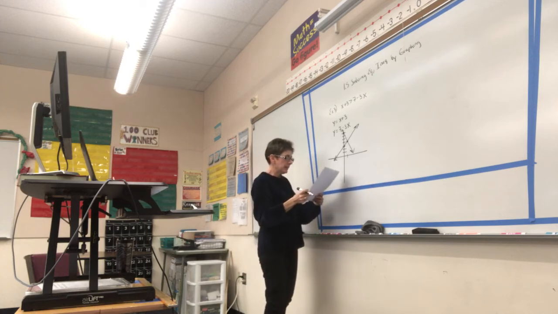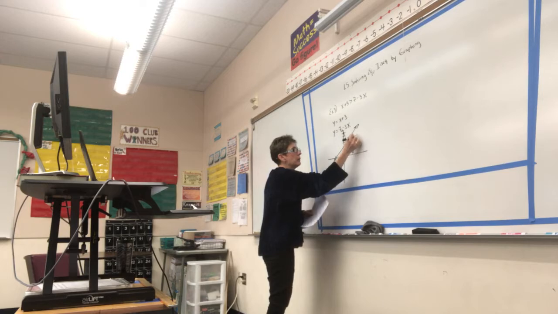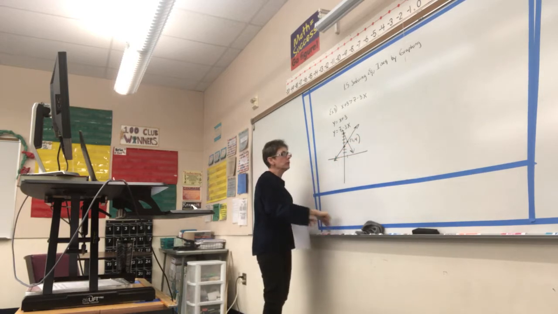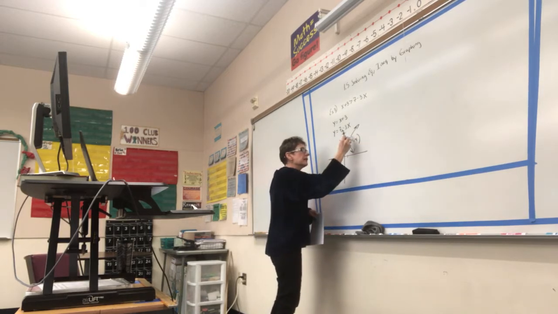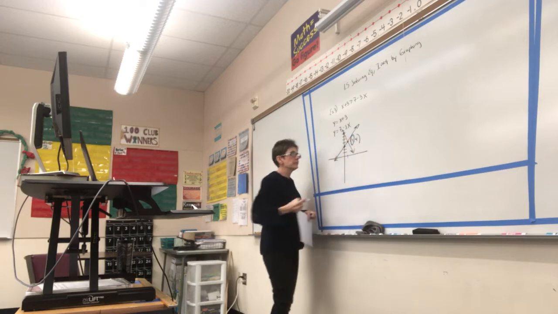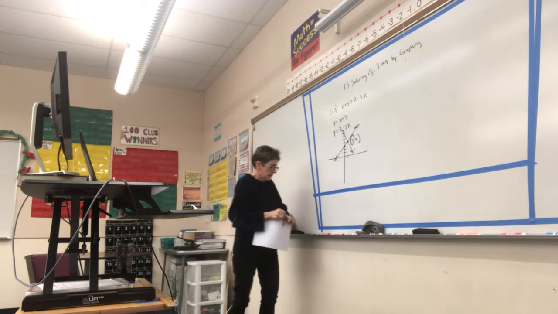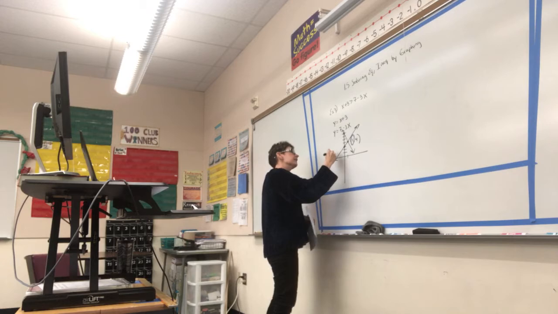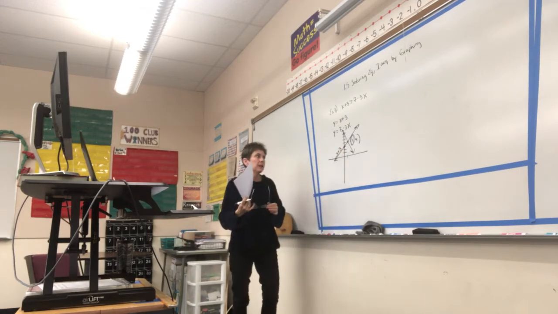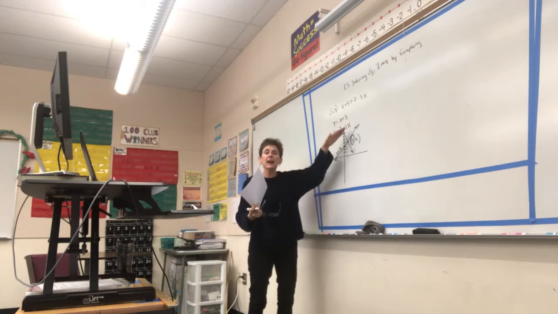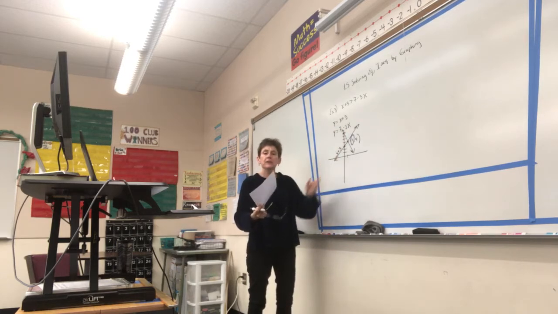Now, the point of intersection occurs at 1, 4. Again, I want to look at my x-coordinate. The x-coordinate here is 1. Now, this line right here is the line y equals x plus 3. The question is asking me, when is the value on that line greater than the value of the other line?